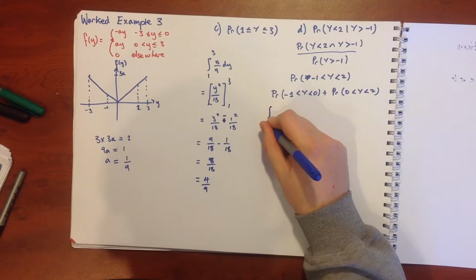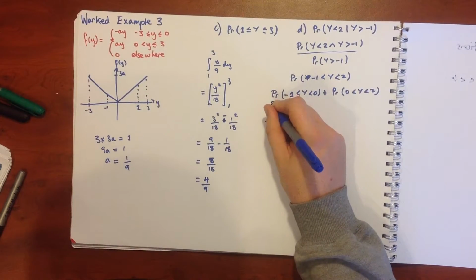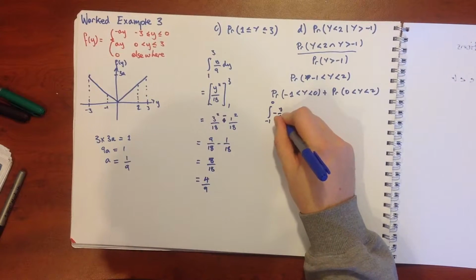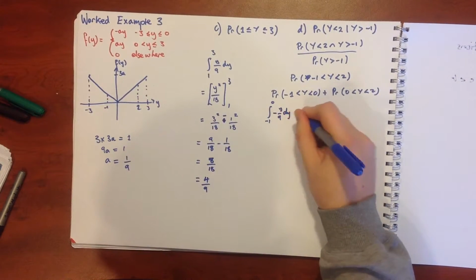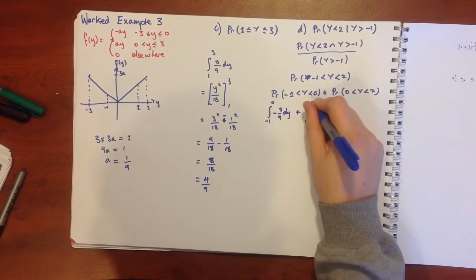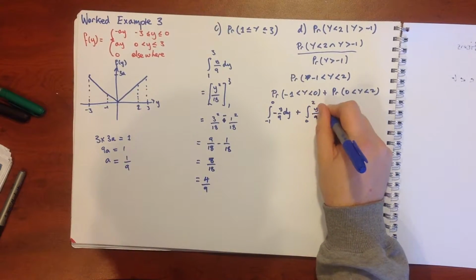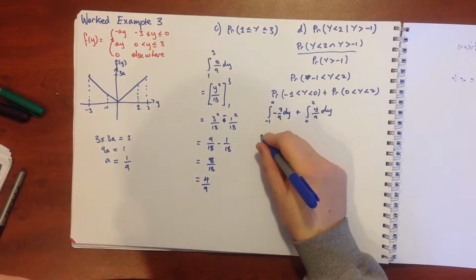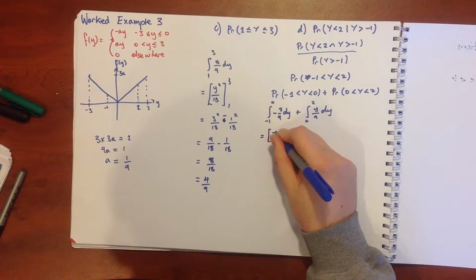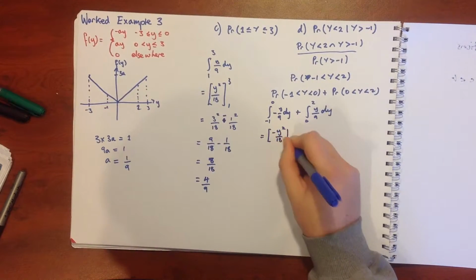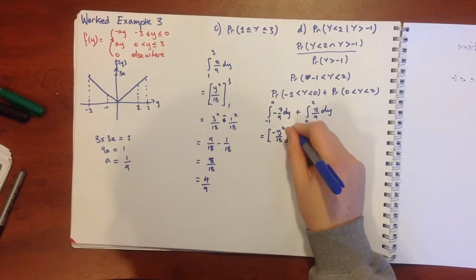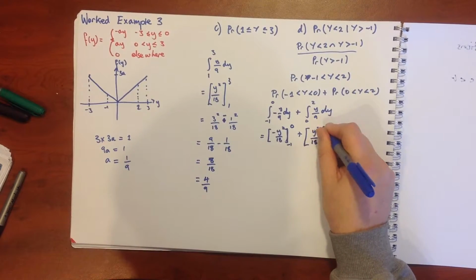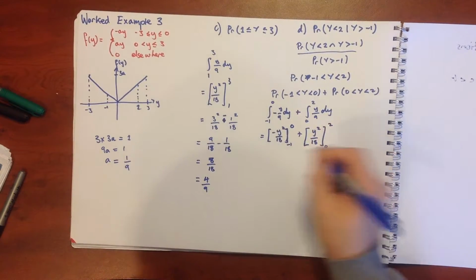So we're going to integrate from -1 to 0 of minus y on 9 dy, plus the integral from 0 to 2 of y on 9 dy. So we have to do it in parts. That means we're going to get -y squared on 18 from -1 to 0, plus y squared on 18 from 0 to 2.